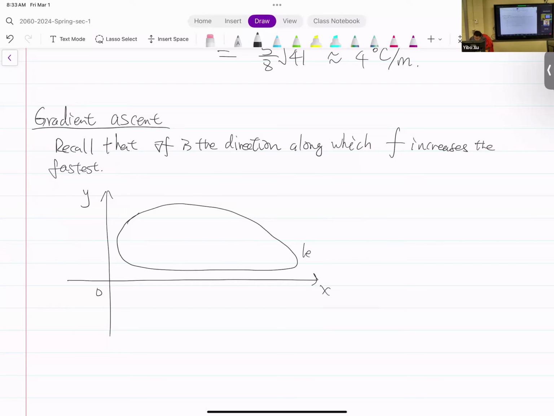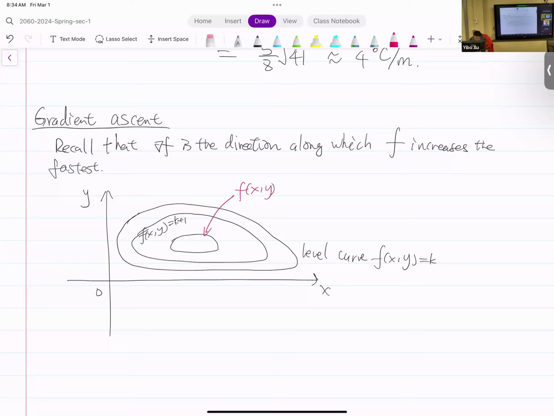This is the level of f of x, y equals, let's say, little k. And then we draw another one that's higher. So this is level k plus 1. And let's say we have the highest, that's right here in the middle. Let's call this level k plus 2.